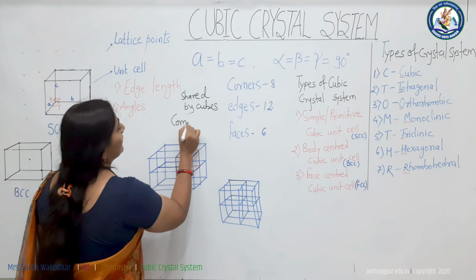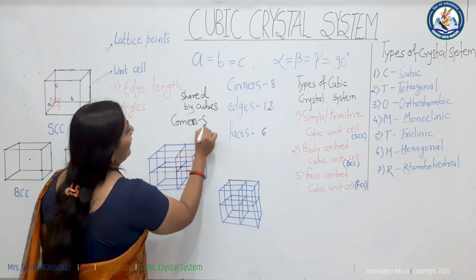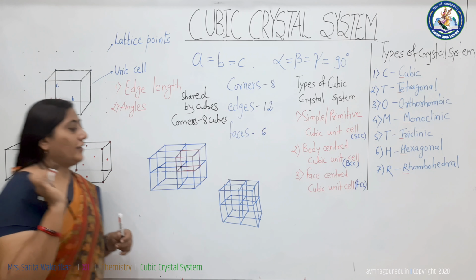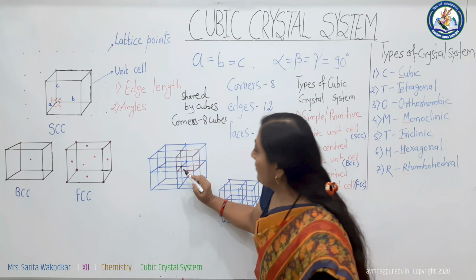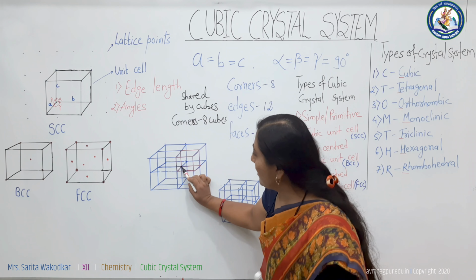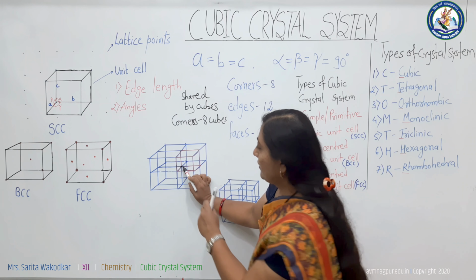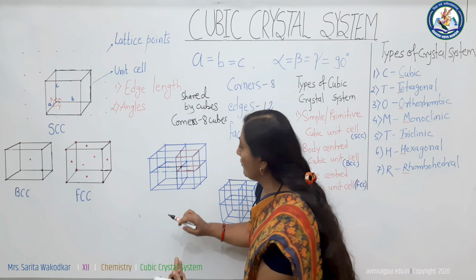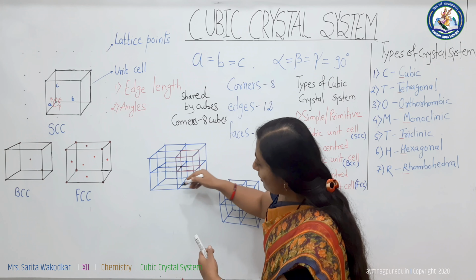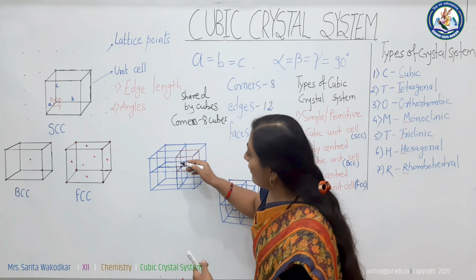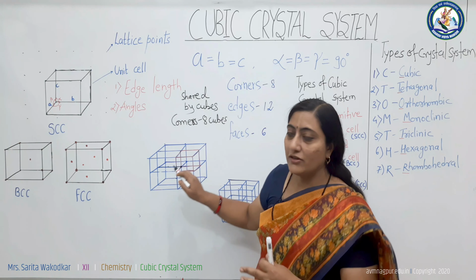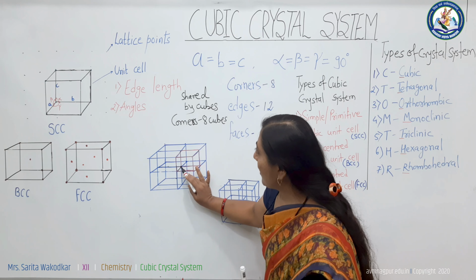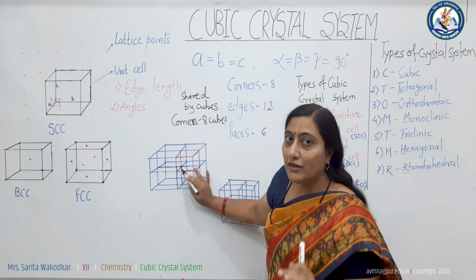How? See, suppose this is a constituent particle present at the corner. This is the corner of this cube. It is shared by the left side cube also. Same from the bottom side, 2 cubes. So from the front side this corner particle is shared by 4 cubes. Same from the back side. So in this way a corner particle is shared by 8 cubes.